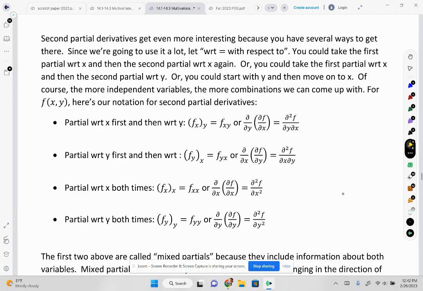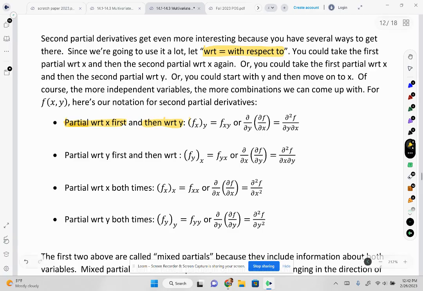Okay, so here's the idea. If we were to take the partial with respect to x first, and I should highlight that WRT just stands for "with respect to," since we have to use it so much, I just wanted to give us a little acronym to use. So if we take the partial derivative with respect to x first, and then with respect to y, here's what that looks like.